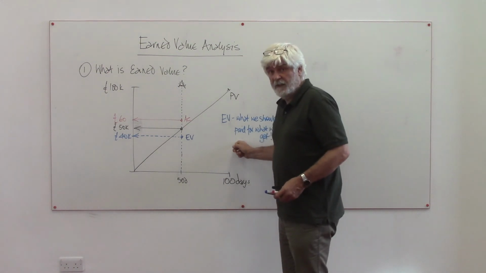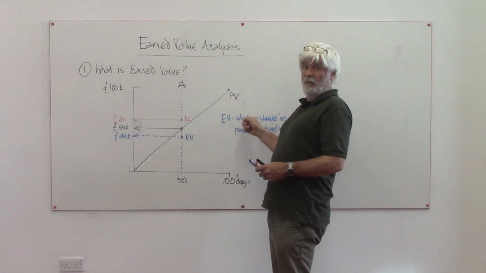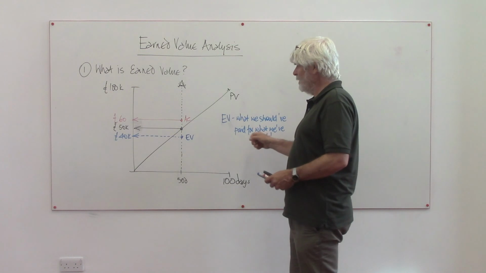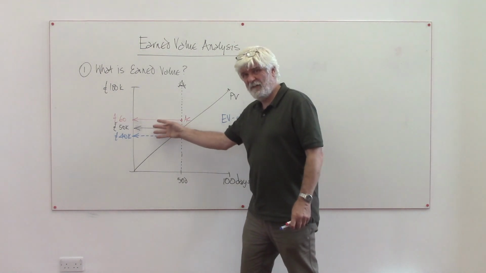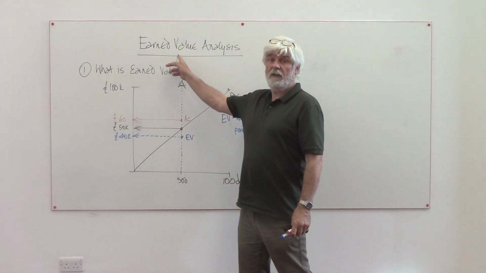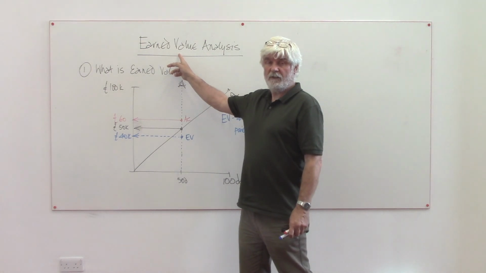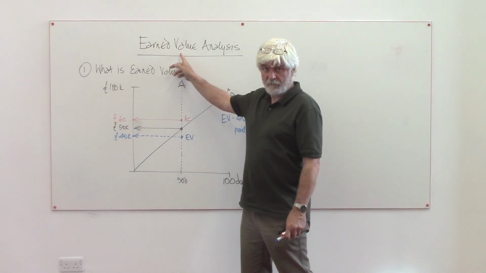You won't find that in any textbook definitions, that's trying to just put it in regular speak. Okay, so that's earned value. You need these 3 figures to start undertaking earned value analysis. We'll pick that up in another video. Bye for now.